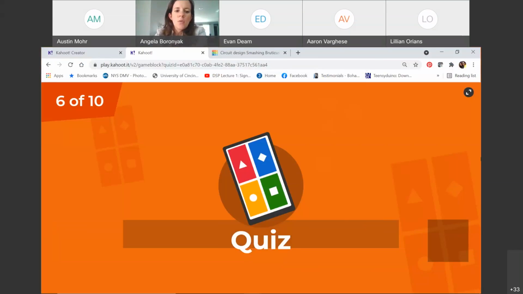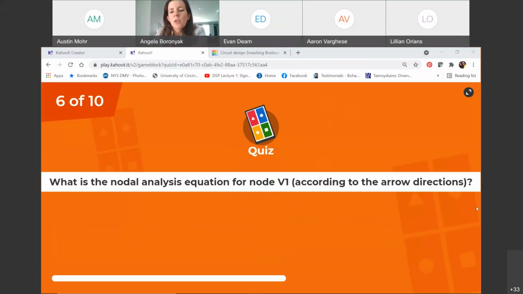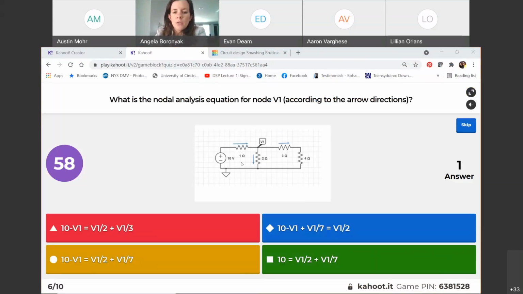Question 6. What is the nodal analysis equation for node V1 according to the arrow directions? So here's V1. This arrow is going to the right. This is a 10 volt source, 1 ohm, 2 ohms. This arrow is going down, 3 ohms and 4 ohms, and this arrow is going to the right.